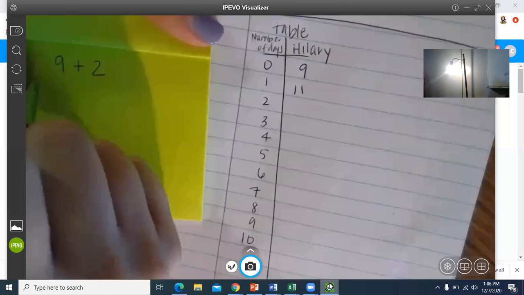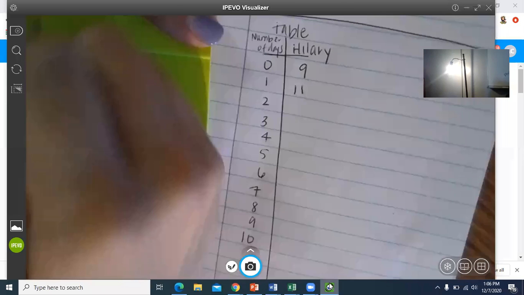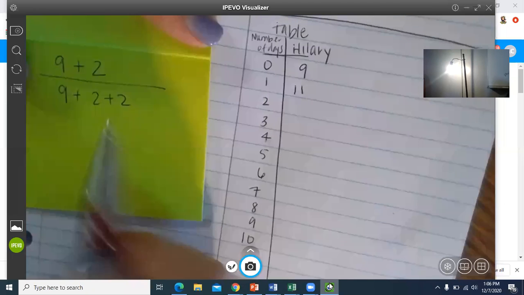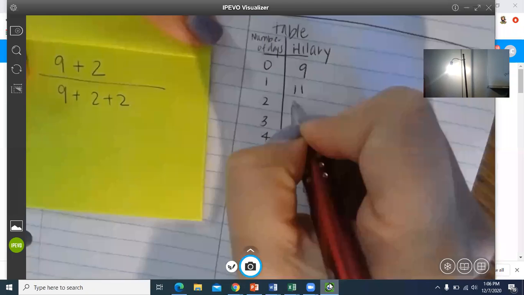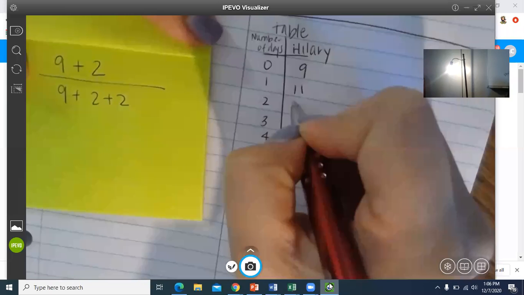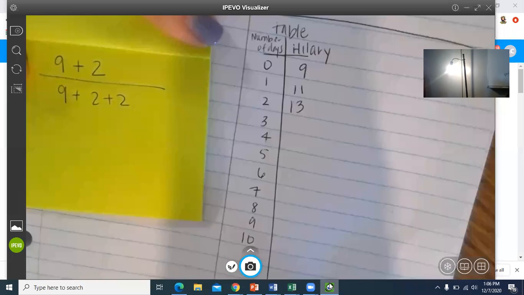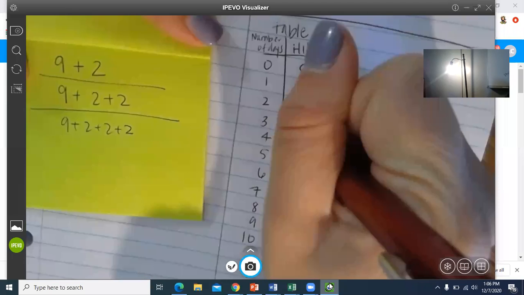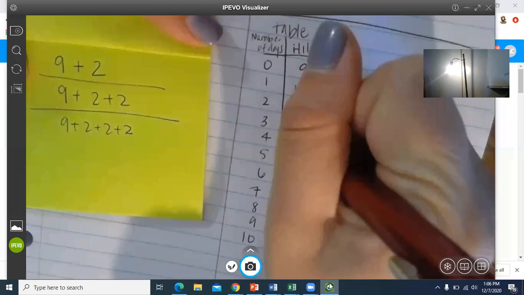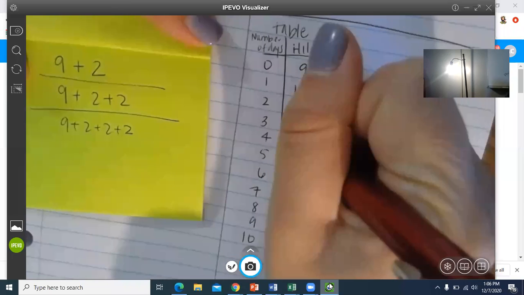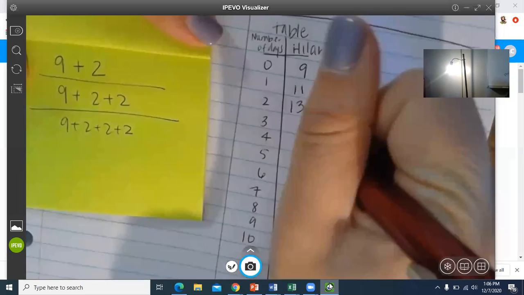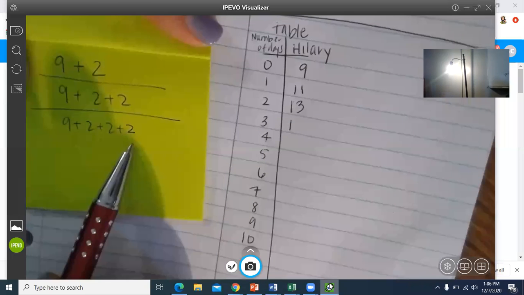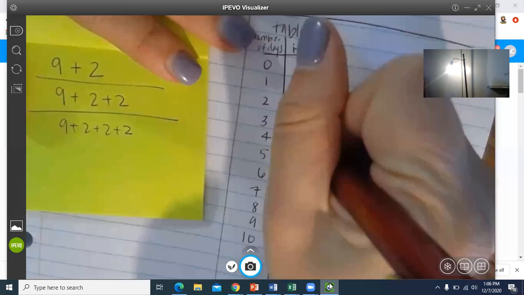Okay, I put the work on a little scratch piece of paper. Now, for 2 days, that means that she has saved money 2 times. So it'd be 9 plus 2 plus 2, which is 13. And then for 3 days, I do 9 plus 2, 3 times. 14, 15.